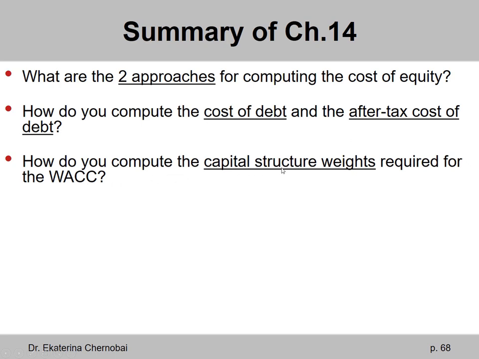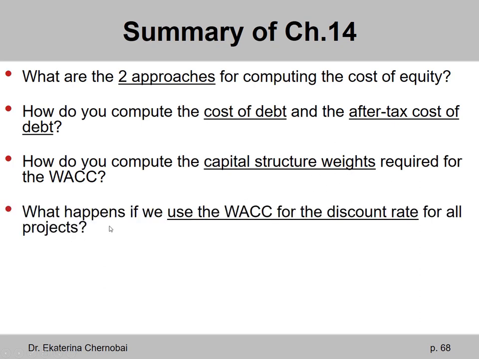How do you compute the capital structure rates required for the WACC? We need to look at market values of common stocks, preferred stocks, and bonds, rather than book values. So for example, for a bond, the book value is the $1,000 face value, but the market value of a bond is the price that you would pay to buy one bond. What happens if we use the firm's WACC for the discount rate for all projects?